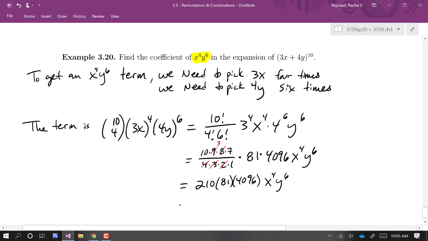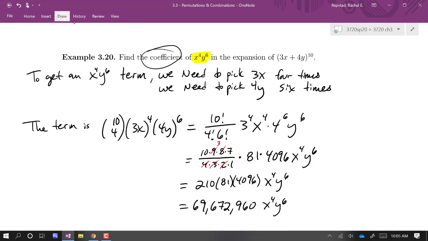And then we just multiply here. Okay, 69,672,960 x to the 4th y to the 6th. So that's the term. They said find the coefficient. So that means this is what we're looking for. That coefficient, very large.